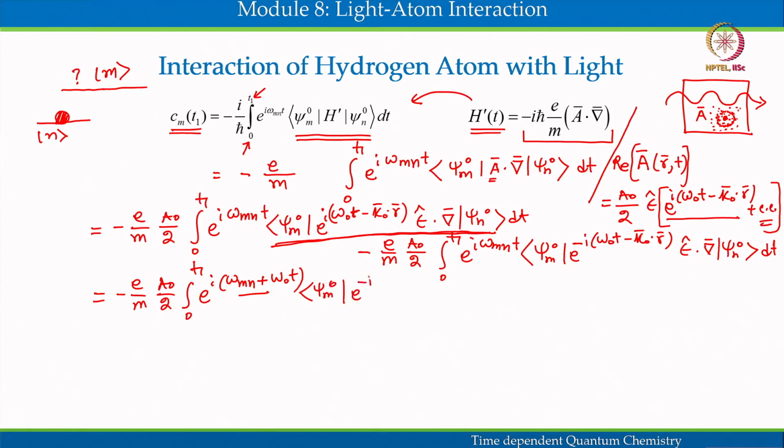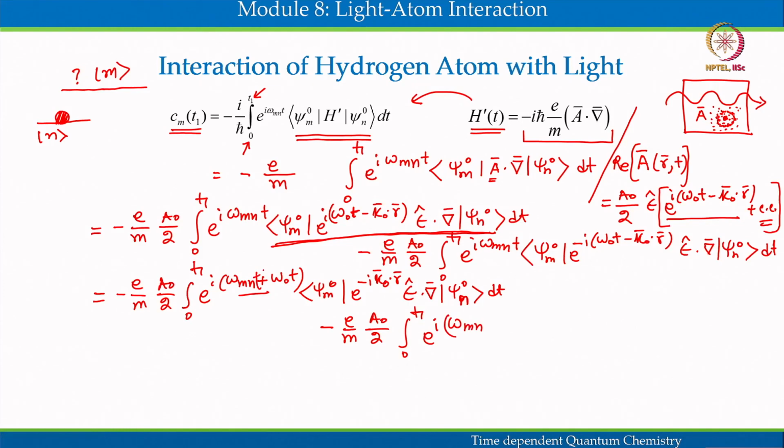So, the integration is going to be e to the power minus i k naught dot r, then epsilon unit vector, then n, dt. Then another term is e by m a naught by 2, integral 0 to t1, e to the power omega mn.